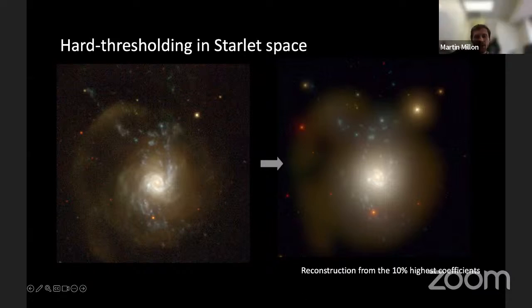Yeah, because I've got only 10%. If you go to 100%, you will recover exactly the image. Of course, I've thresholded some coefficients, so some coefficients have been cut. So it has recovered only the most significant features. And the starlets are isotropic, so it will create structures that are isotropic first and then try to correct for that.